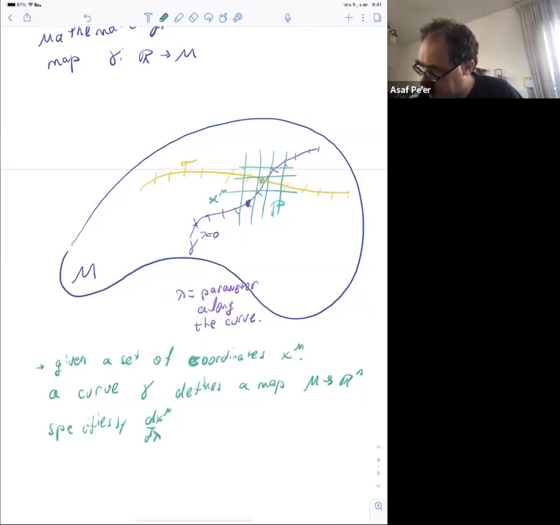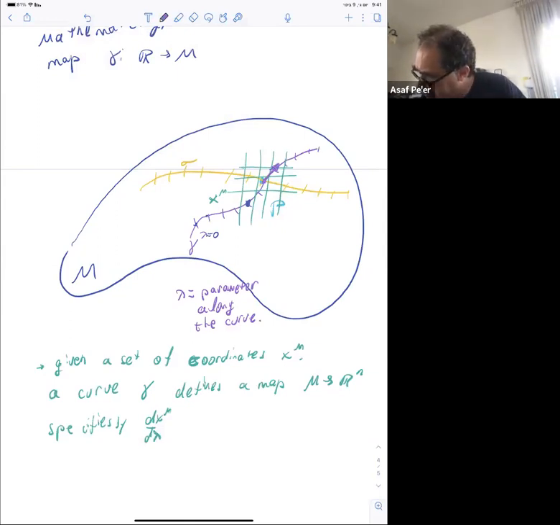How much the coordinates change when I go from P along this curve. So that's not bad.